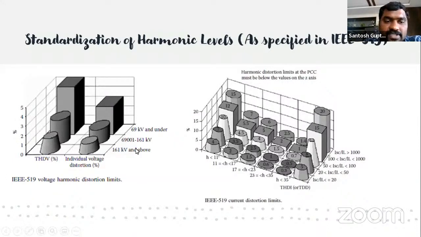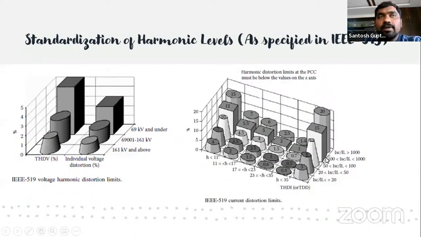And for 69 to 161 kV, it is 1.5% for individual, and 2.5% for the total harmonic distortion. Similarly, for 161 kV and above, it is around 1% for the individual, and around 1.5% for the total. This is for the voltage. For the current distortion limits, for each harmonic and also the total distortions are defined in IEEE.